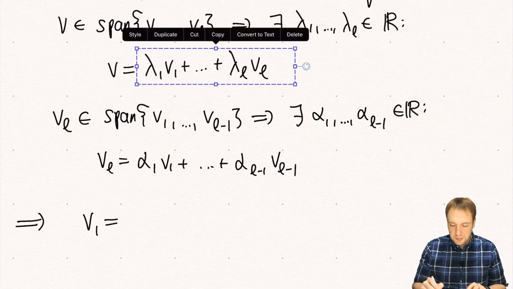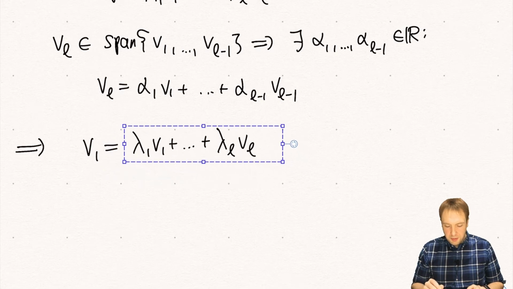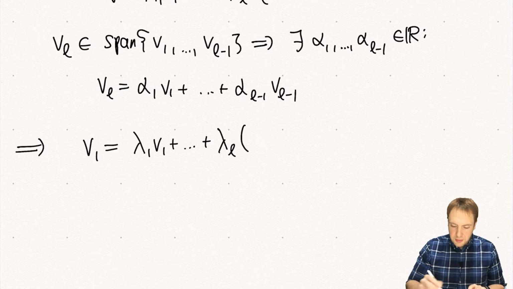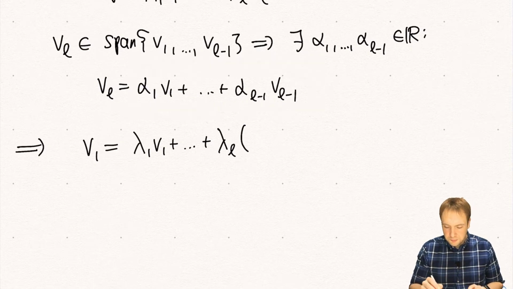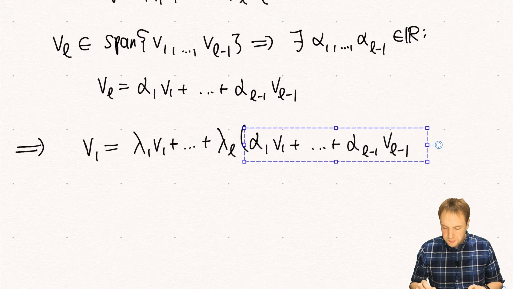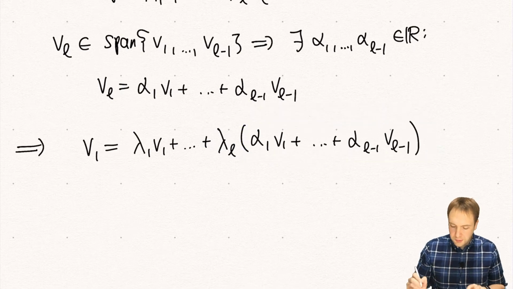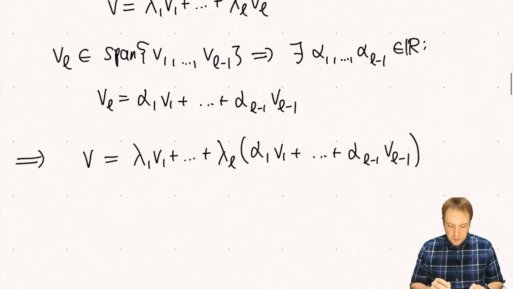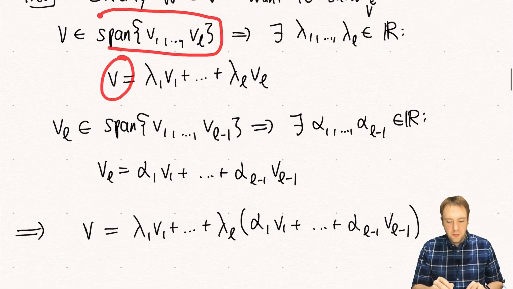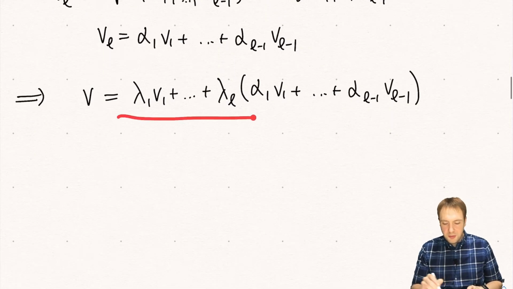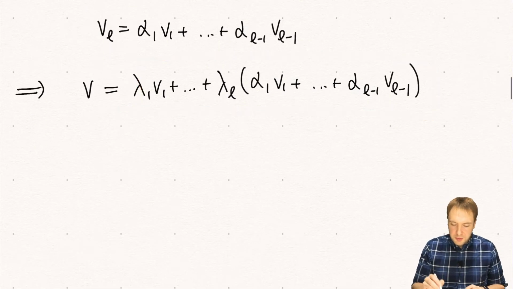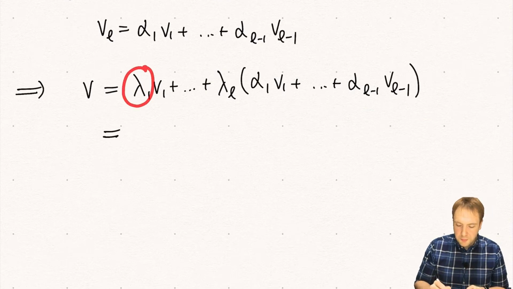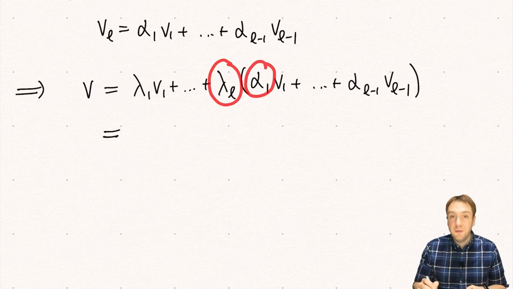So now I can take this part here and plug it in there, but now I can remove this VL here and use this formula here. And this should be a v, sorry. So this v, which is a linear combination of all of them, can now be written as a sum like this. But if we write this out, what is the coefficient of V1? Well, here we have lambda 1, and here we have lambda L times alpha 1.